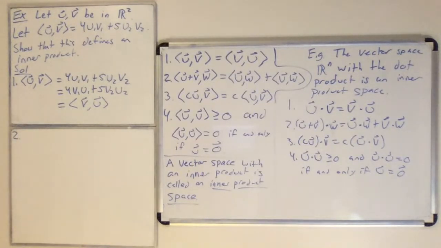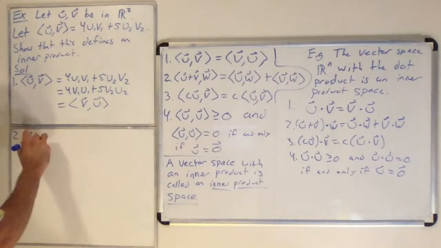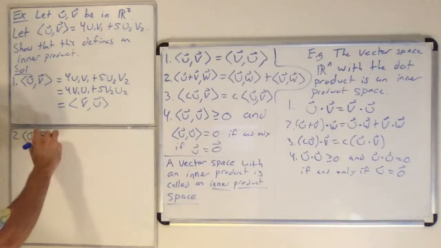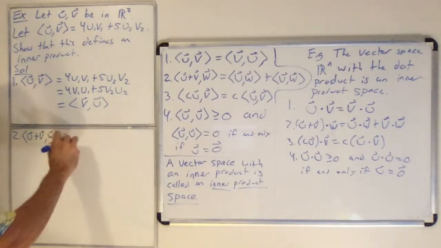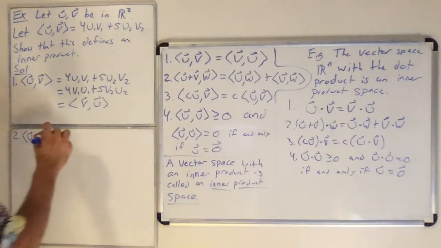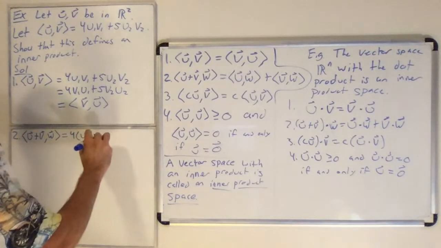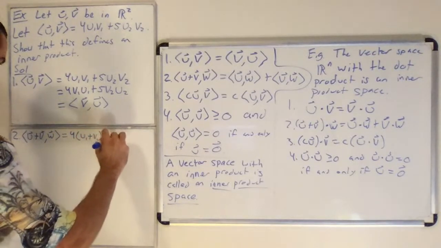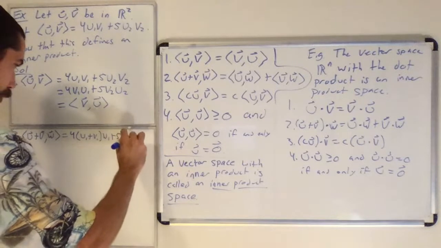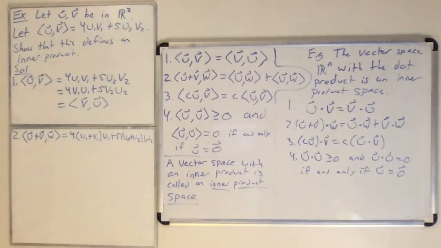Now we do the same thing with condition 2, axiom 2. So that's 4 times (U1 plus V1) times W1 plus 5 times (U2 plus V2) times W2.